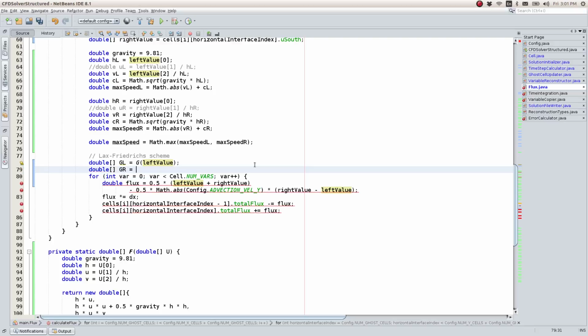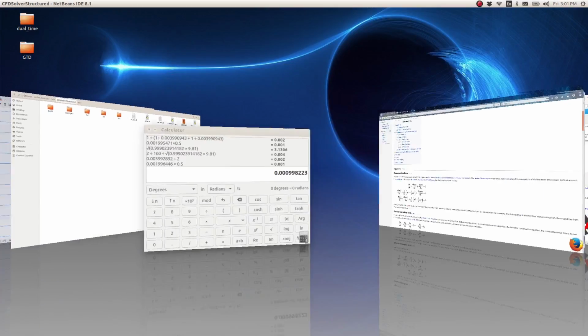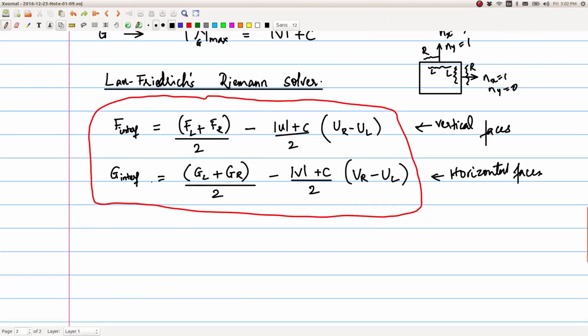GR is equal to G of right value, and so for each of the variables 0.5 times, so we'll have GL variable, GR variable. So we can actually see the one-to-one relation here, GL plus GR divided by 2.